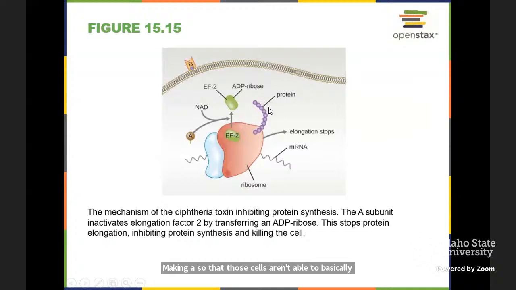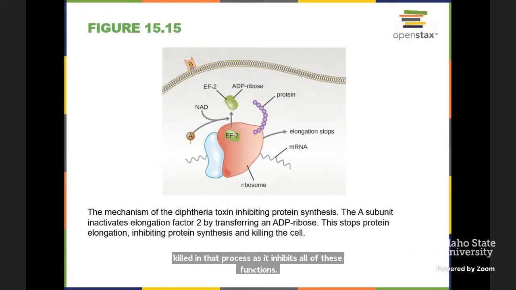It inhibits the protein synthesis, shuts down all of this machinery, and in turn, in the process of turning off all of that, the cell can no longer function, and it's ultimately killed in that process as it inhibits all of these functions, and then spreads to another cell, and it keeps moving through there. All right.